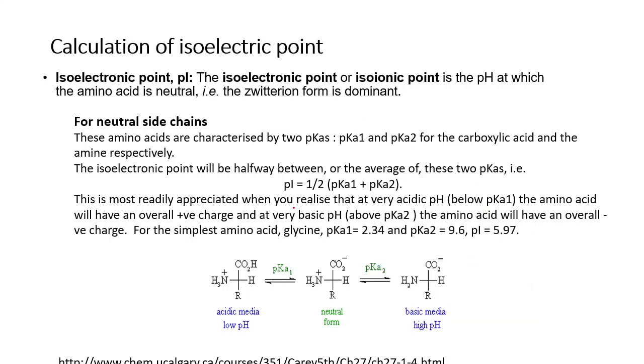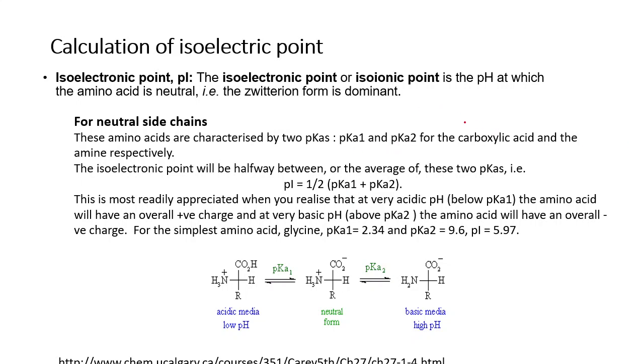So how do we calculate the isoelectric point? For neutral side chains, meaning those that do not have any dominant acidic or basic group, the isoelectric point is calculated as the average of the two pKs, that is, the carboxylic acid and the amine.